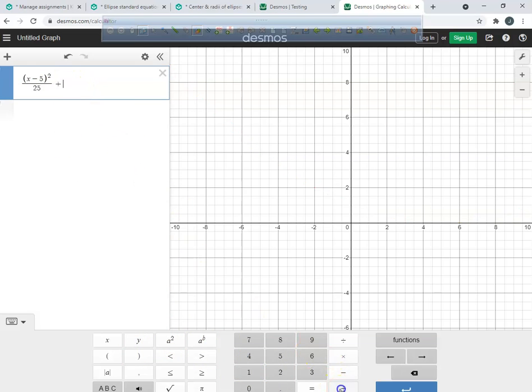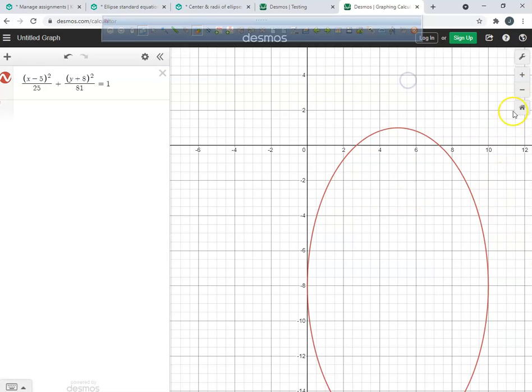Okay, put plus, make another division bar, parentheses, y plus 8, squared over 81, okay, equals 1. Oh, look at there. There we have our ellipse.